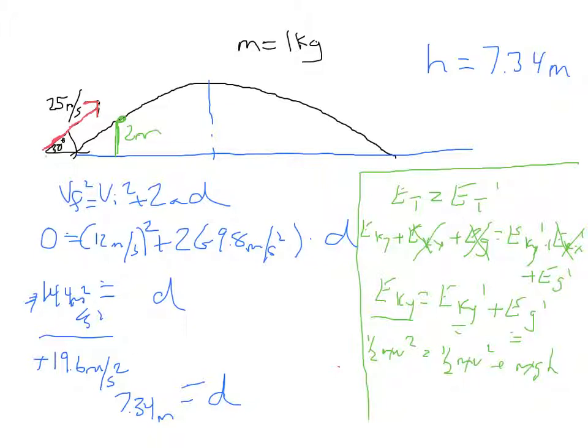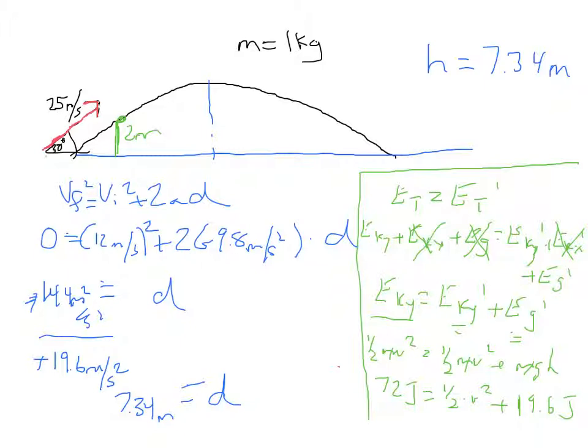I'm going to have 1/2 times 12 meters per second squared, which is 144. So once again, I've got 72 joules for this kinetic energy, which is going to equal 1/2 times my velocity squared plus mgh. Or sorry, gh, I've canceled out the m, so it's going to be 9.8 times 2 meters, so that'll be 19.6 joules of gravitational potential energy.